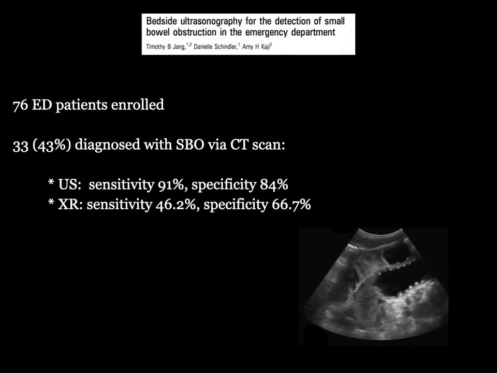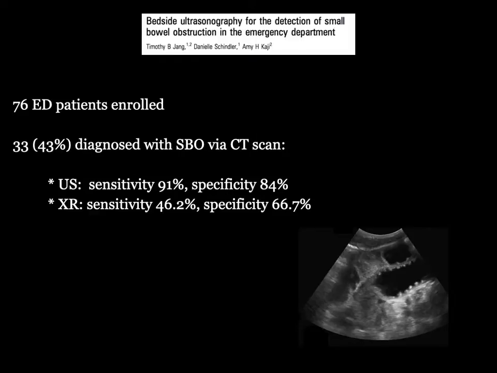So they enrolled 76 patients from the emergency department, and of those patients, 43% ended up being diagnosed with a small bowel obstruction on CT imaging. The rest of the patients had other pathologies such as kidney stones, diverticulitis, appendicitis, or pyelonephritis.